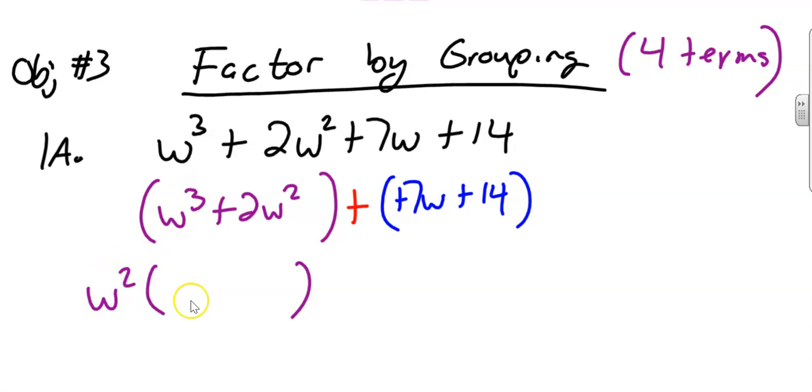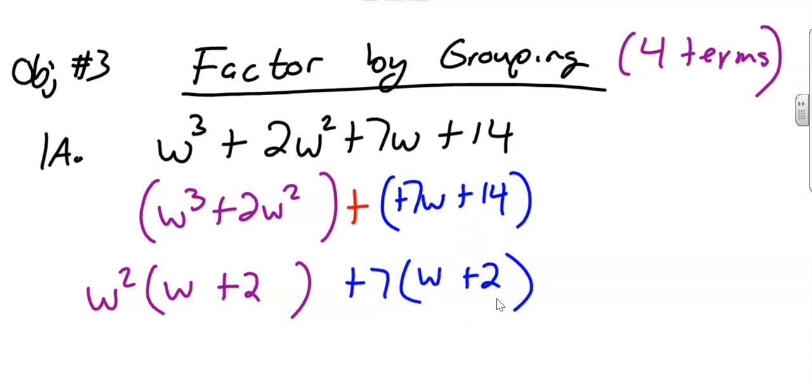If you take 2 of the W's out, you've got 1 left over. If you take these 2 out, you're left with just the 2. And the second set, 7 and 14, you can divide them both by 7. So divide out the 7, that'll leave you with a W with this one. Take 14 divided by 7, that'll leave you with a 2.